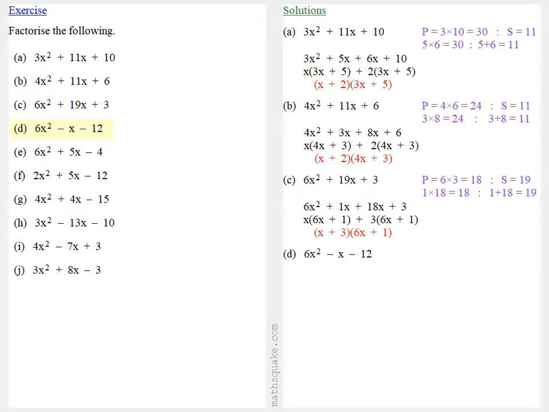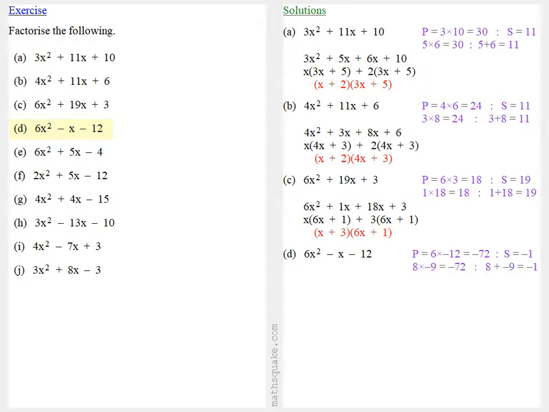In question D, we have 6x squared minus x minus 12, or 6x squared minus 1x minus 12. So P is equal to 6 times minus 12, which is minus 72, and S is minus 1. So we want two numbers that multiply to make minus 72 and add to make minus 1.